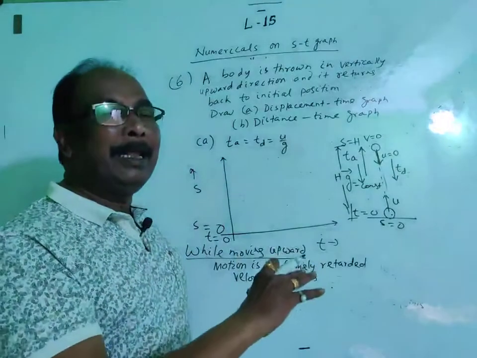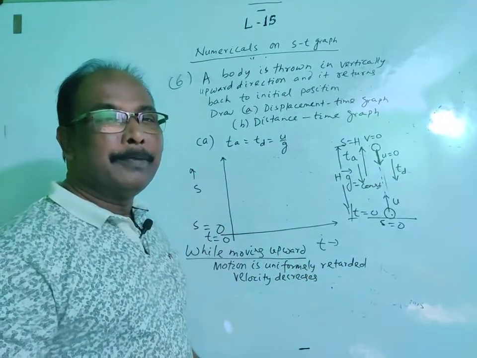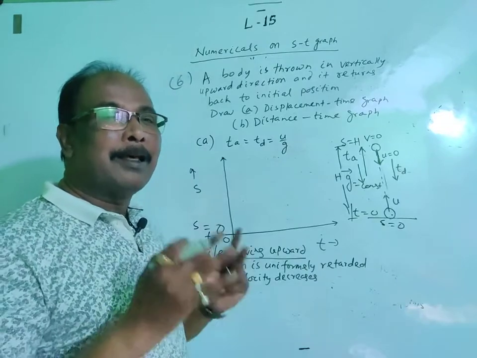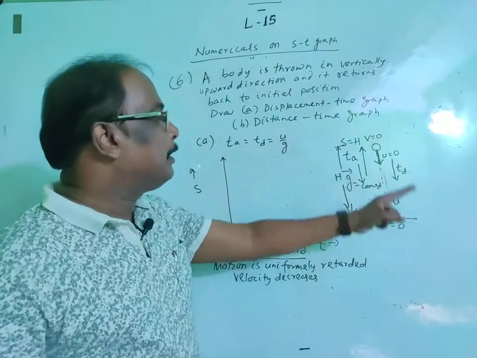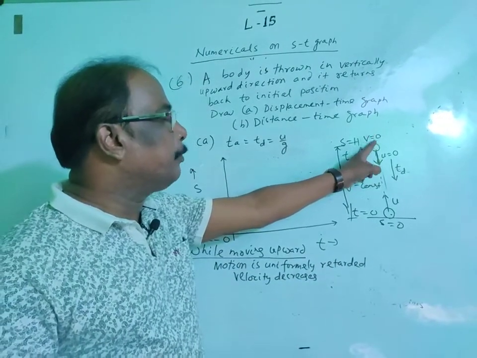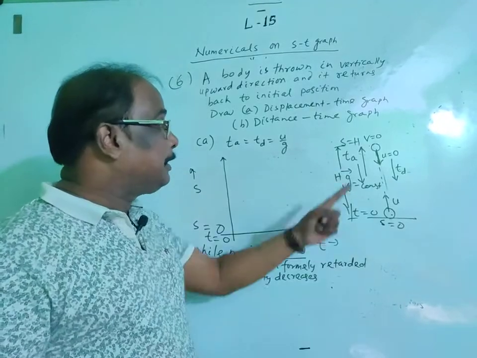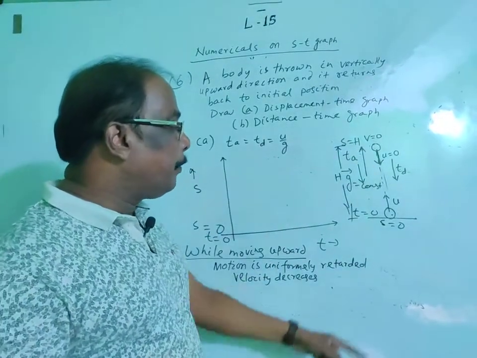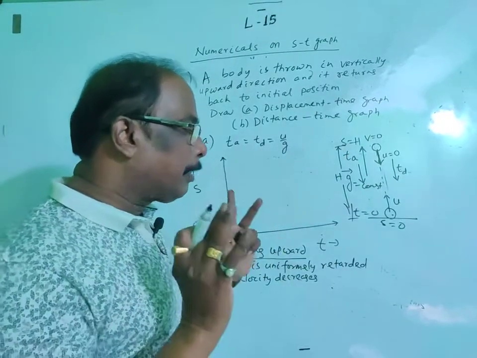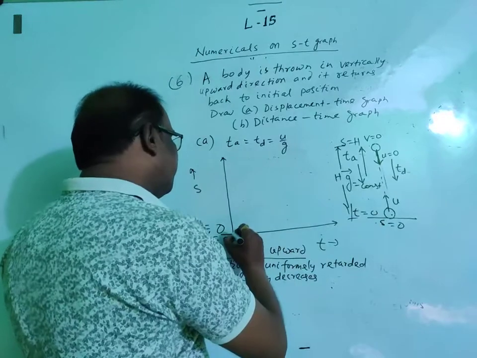If velocity decreases, meaning in uniformly retarded motion, the graph is a curve bending downward. And see, at the highest position velocity is 0. But position is h, meaning maximum height reached by the body is h. Is it clear?